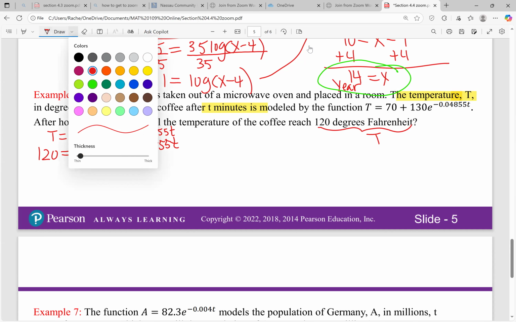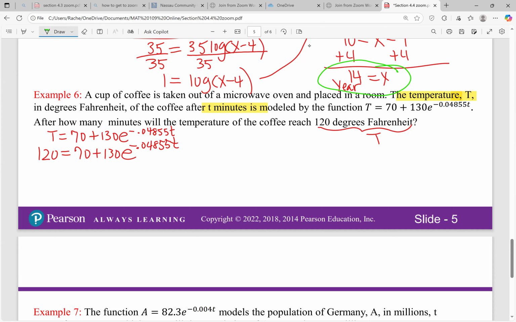You see how we have e to the negative 0.04855t. That's the exponential expression that we want to isolate. We want to bring everything else to the other side and get that alone. This way we can take the log of both sides.